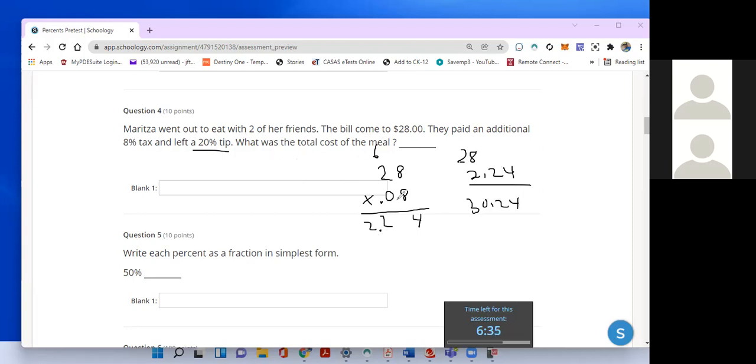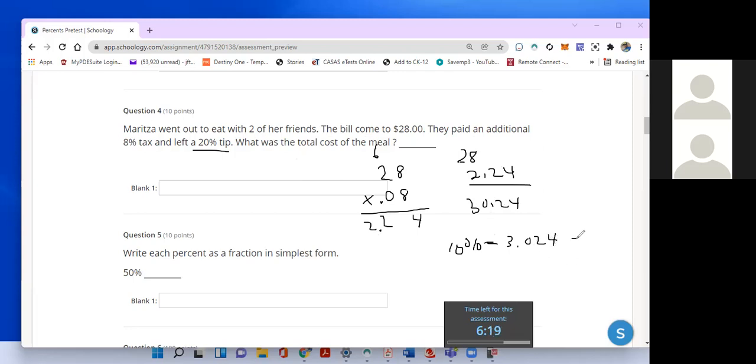And then we want to multiply this by 20%. Again, how do we find 10%? We move the decimal one place. So 10% will be 3.024, and 20% will be double that, or 6.048.